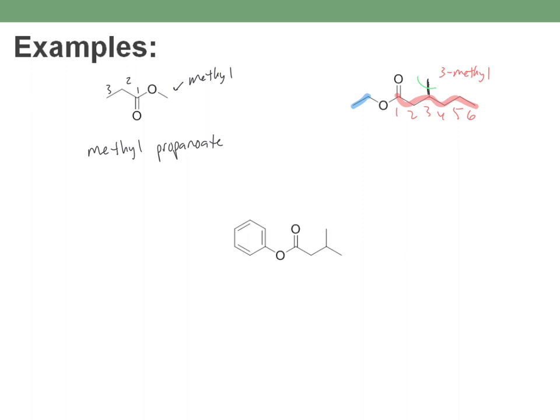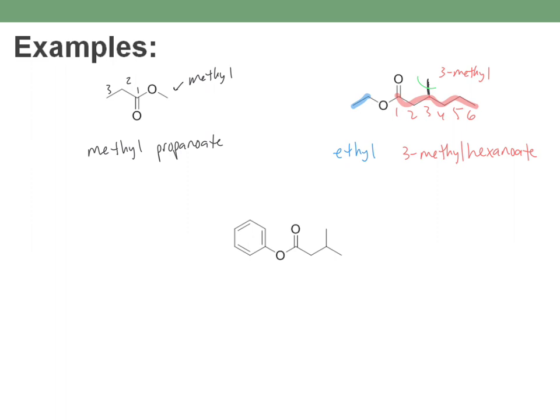Always this group that is dangling off the O is first. So this is an ethyl, space, and then I'm going to name the parent chain with the substituent. So this would be ethyl 3-methyl. It looks like 6 carbons, so hexanoate. So this would be ethyl 3-methyl hexanoate. If you have a substituent there, methyl, ethyl, propyl, bromo, whatever, you would name it with the parent stuff. So the thing dangling off the O is always first. There's a space. Name the rest of the molecule as you would name the molecule.